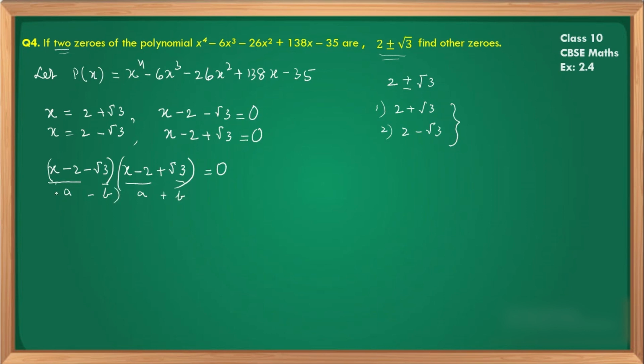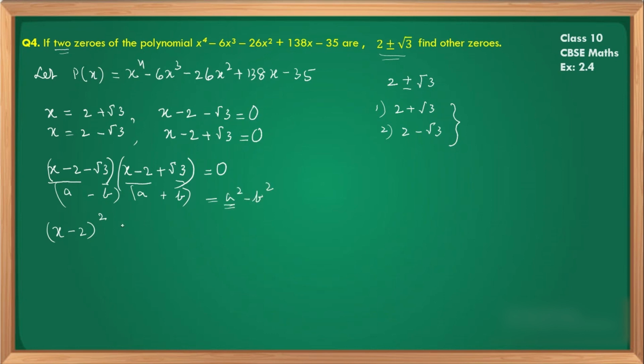Now you can see we are closely coming to an identity which is A plus B into A minus B. Well, now what we do? We go with this identity, x minus 2 whole square. What is the answer for this? A plus B into A minus B gives you A square minus B square.